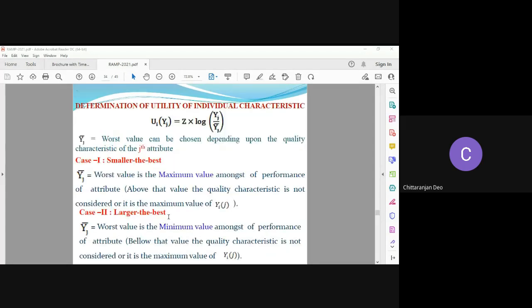When we calculate the overall utility, we have to add all the individual terms. The utility of an individual characteristic is governed by this equation, where Y'j is the worst value, chosen depending upon the quality characteristic of the jth attribute.